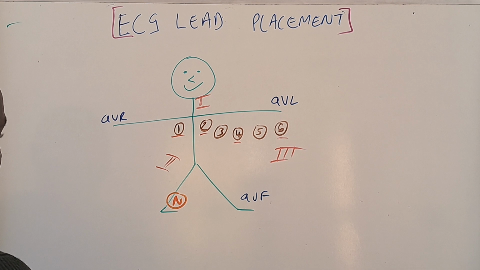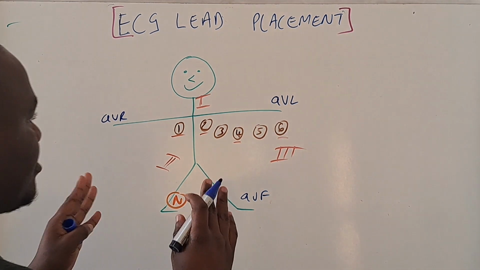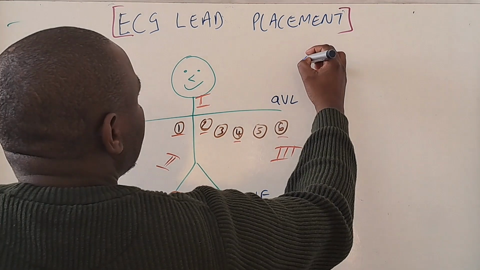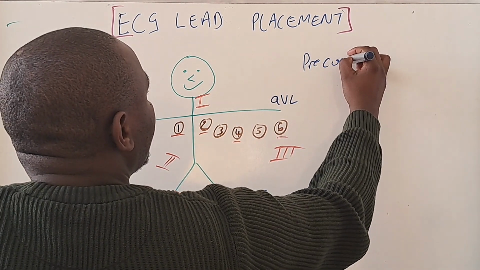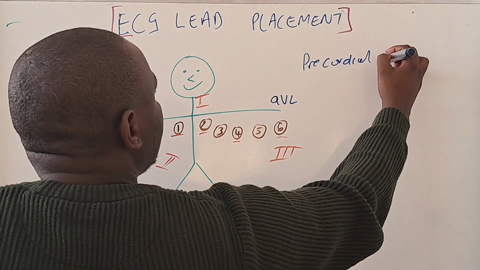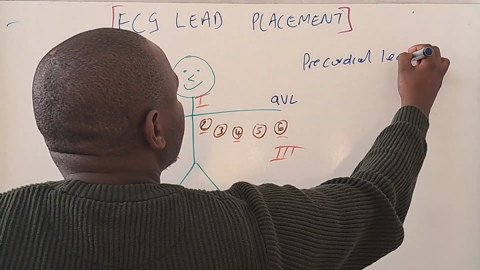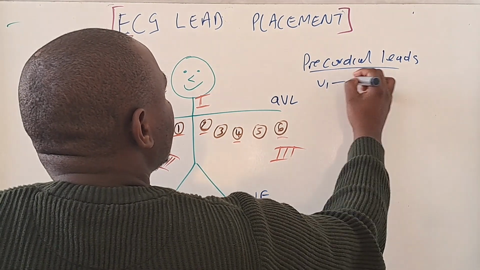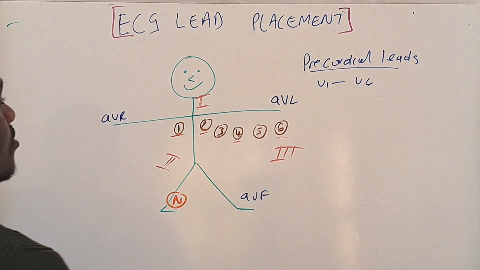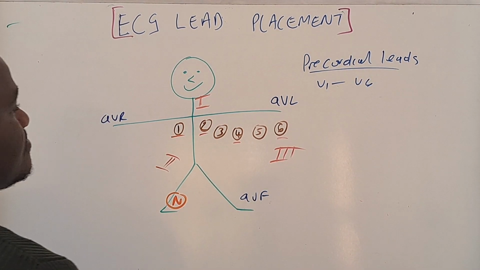Okay, now I want to bring your attention to something. So now let's talk about the types of leads. Like I said, we've got precordial leads, and we said it's V1 to V6. Some people call them chest leads.